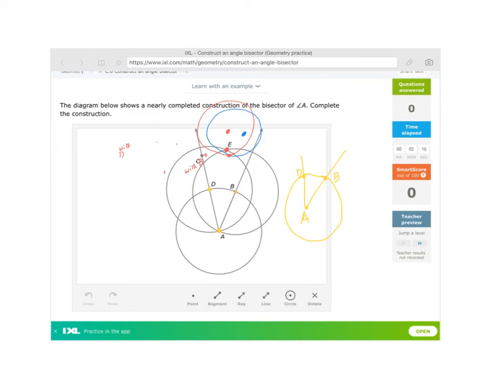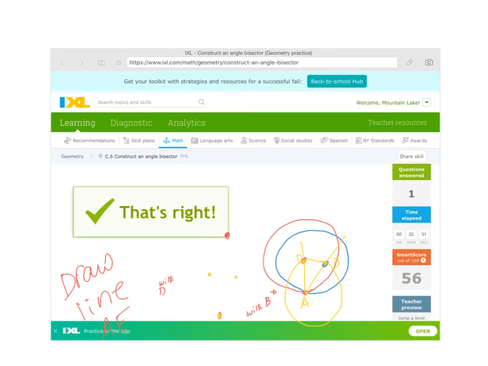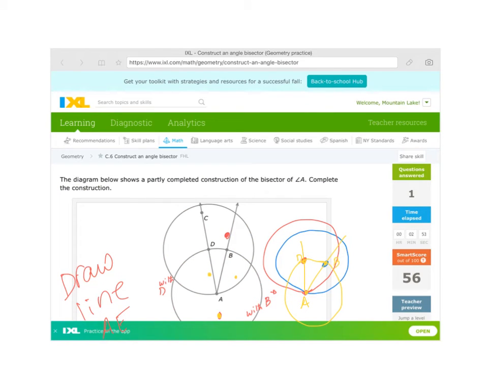So now what we need to do is draw a line from A to E. Draw a line AE. So basically from here to here. So let's go to our line segment and join that line. That's our angle bisector. So that's how it's done.